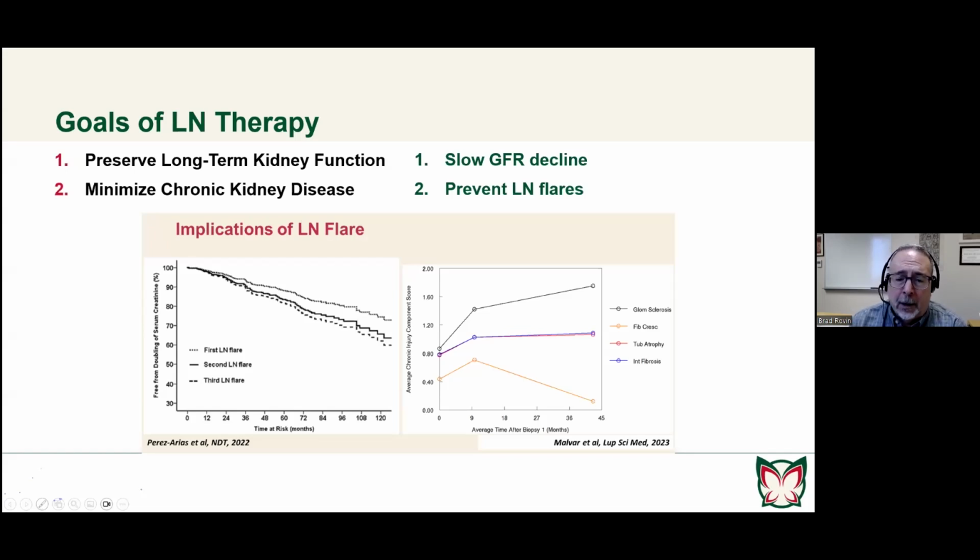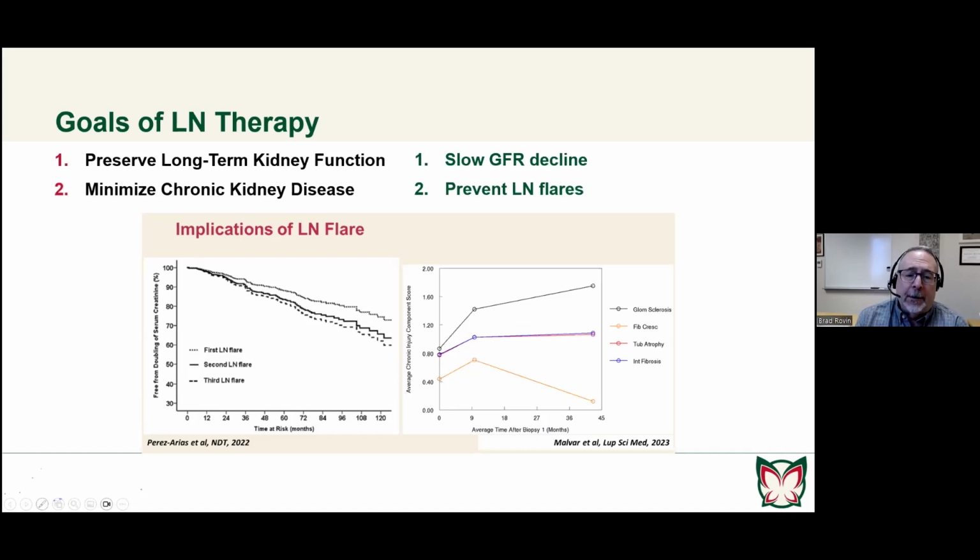And the worrisome part is that we did a biopsy at time 0 for the diagnosis. We did a biopsy at 9 months after initial therapy was completed. And again, these were not the new therapies. These are mycophenolate or cyclophosphamide. And then further on is a biopsy when the patients were doing really well and we wanted to see if they had no activity left to take off therapy.